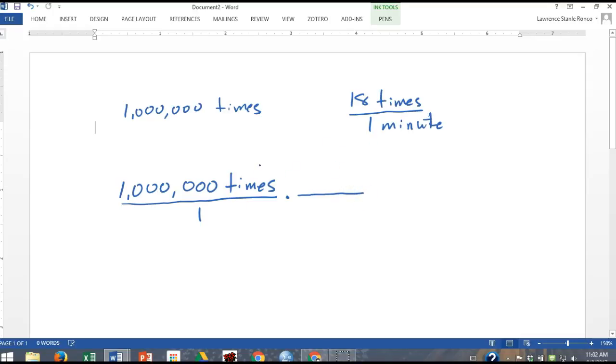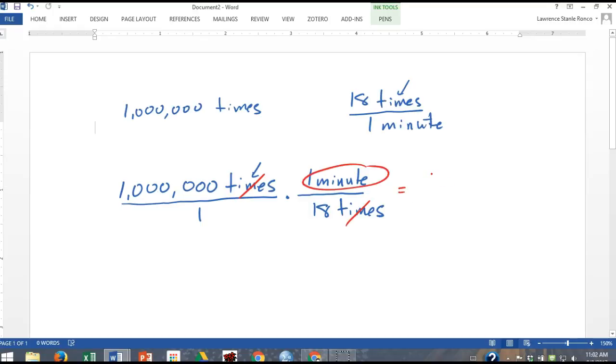If we look here, there's times here and there's times here. So if I arrange this like so, what you'll notice, hopefully, is that times cancels each other out. And the unit that we have here is minutes.